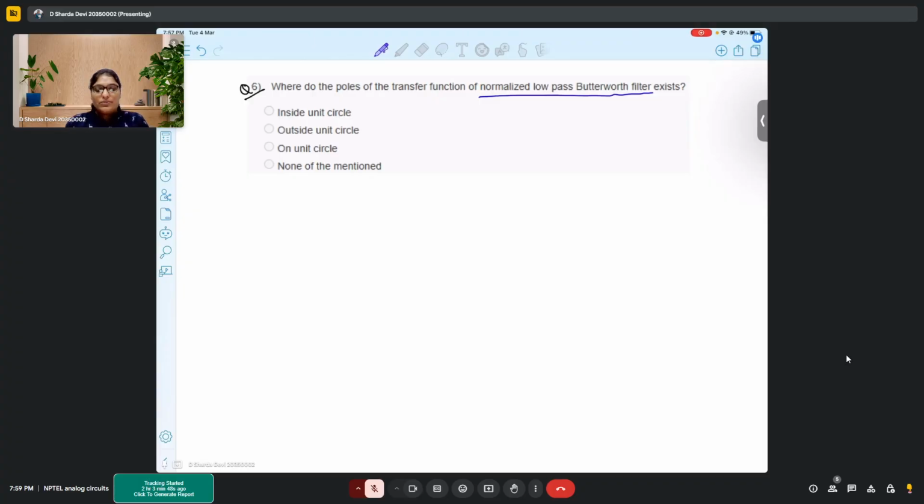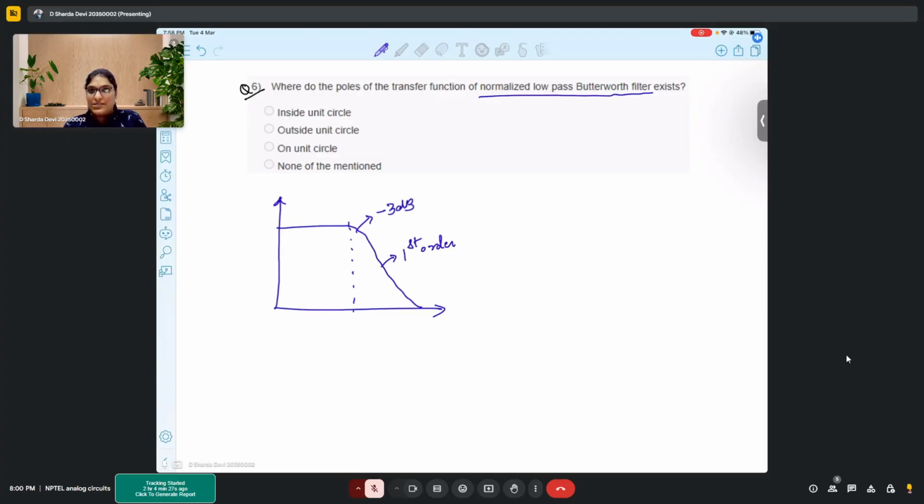Let me give you an example. As I mentioned earlier, for a low pass filter to make it ideal, we need to increase the order of the filter, correct? But when you increase the order, when there is a single pole, the dip that you obtain is minus 3 dBs.